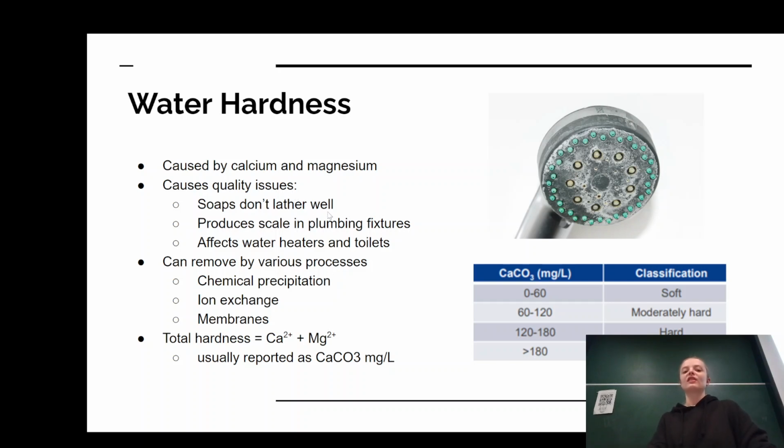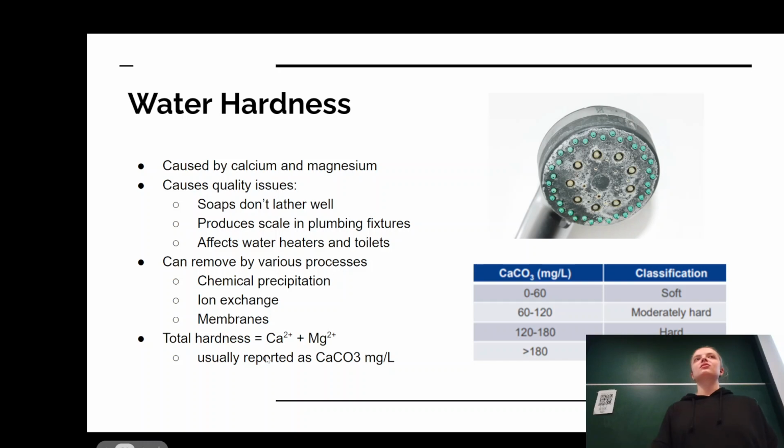So soaps might not lather as well, and it produces this scale, which we see over here, and it can affect the long-term lifespan of water heaters and toilets. So you want to avoid really hard water, but you also want to avoid really soft water. You can remove some of this calcium and magnesium by various processes, including chemical precipitation, ion exchange, and membranes.